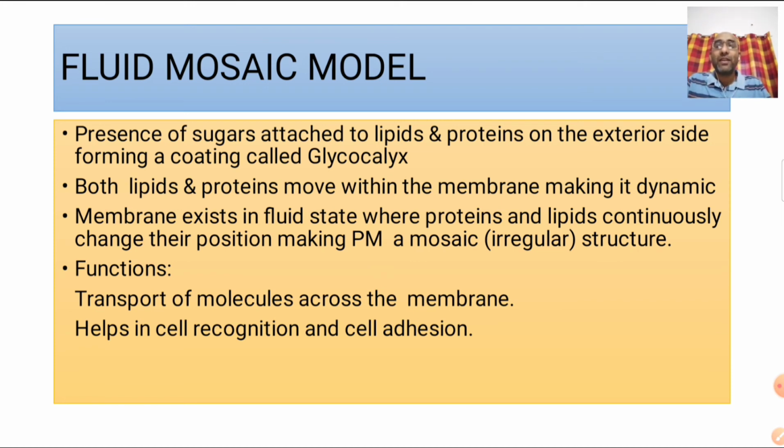The membrane exists in a fluid state where proteins and lipids continuously change their position, thus making the plasma membrane a mosaic structure. Mosaic means irregular structure. That is the reason we call it the fluid mosaic model.